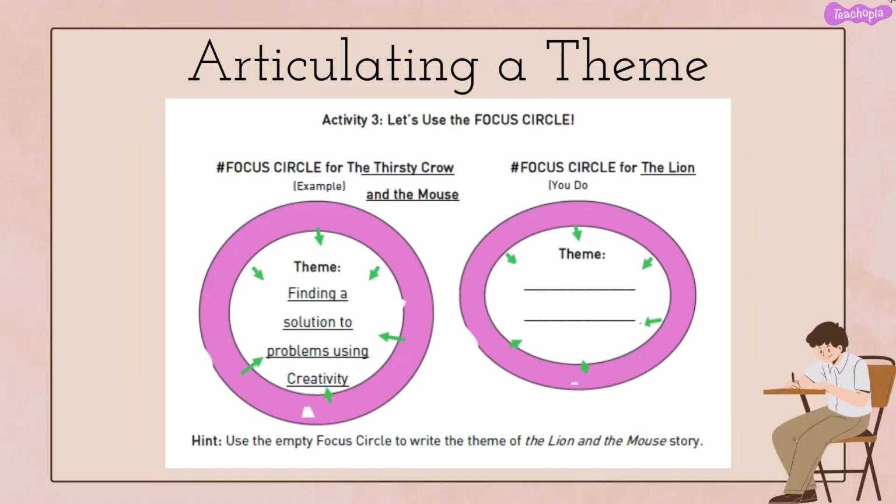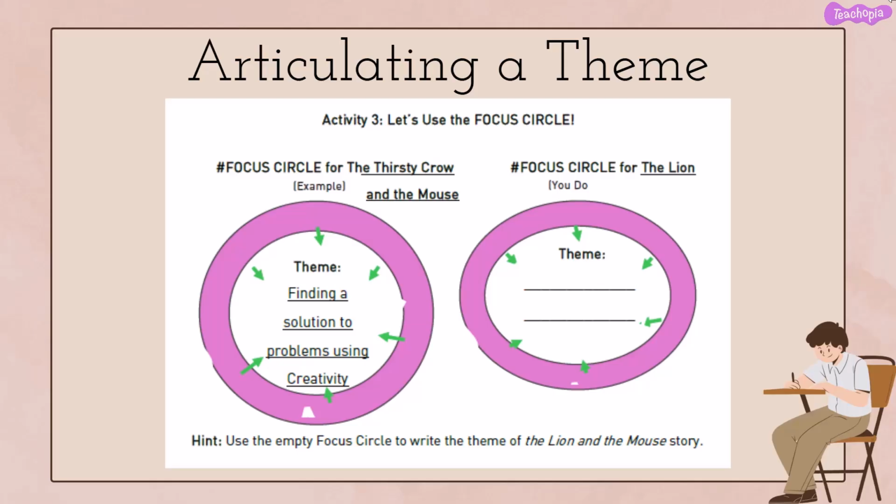The next activity is to use a focus circle. This is another tool or technique to identify the theme of a story. The focus circle helps us to get to one theme of one story, meaning The Thirsty Crow is a story whose theme simply is to find a solution to a problem using creativity.